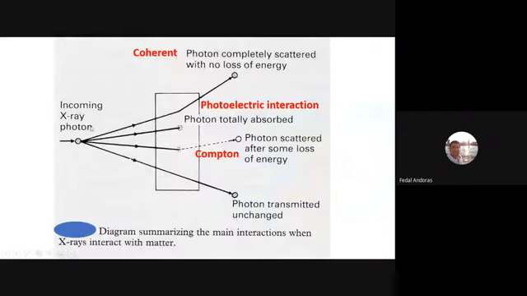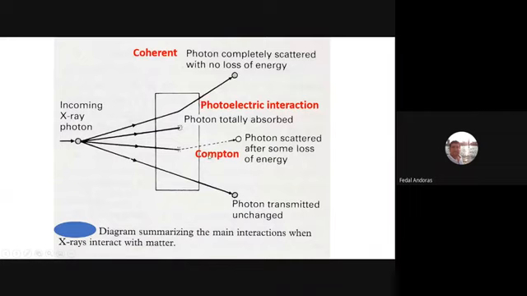The last slide is just information about all these effects. Incoming X-ray photon, and this is the matter. The first one: photons transmitted unchanged. As it goes in, it goes out straight. The second one is total absorption by the matter. The photon totally absorbed is what's called photoelectric interaction.